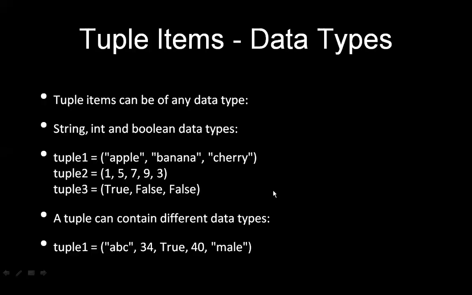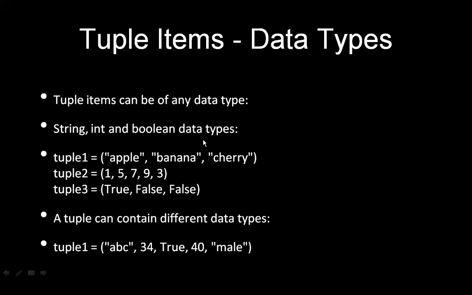Now we will look into what the different data types are that we can specify in the tuple. In the tuple, we can specify different kinds of data types: string, int, and boolean data types also.